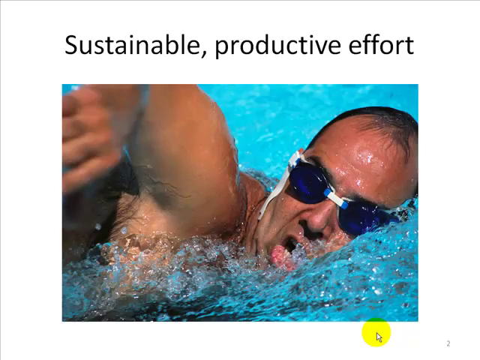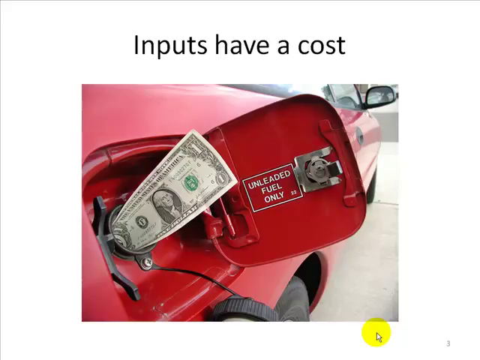So, what we want in any organizations, remember that's the throughput, is a sustainable, productive effort. What is something that we can keep going for a long time that gets us where we want to go? Remembering from that open systems diagram that inputs have a cost.